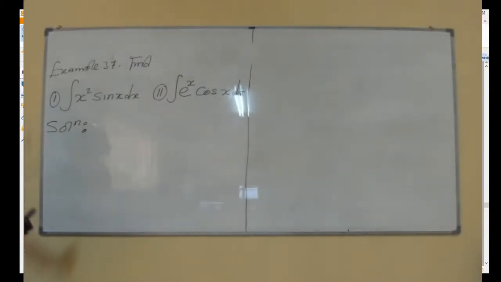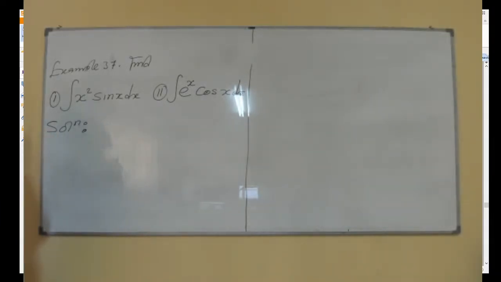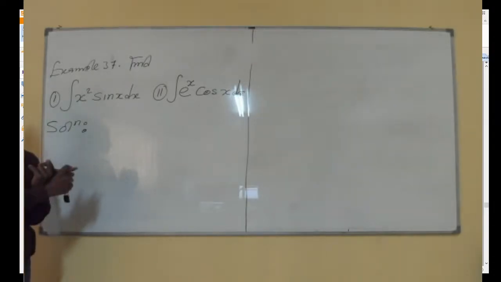You have tried the substitution method, it's failing. You have tried to use the identities, it has failed. You try the substitution of inverse trigonometric functions, still it's failing. Then if all these are failing, that's when you can think of integration by parts.